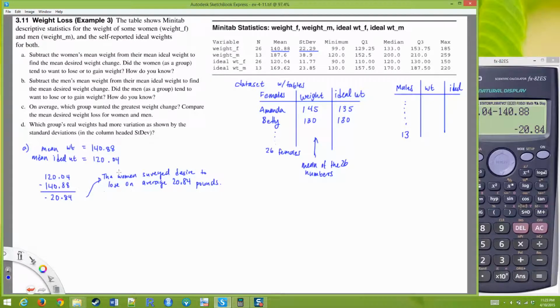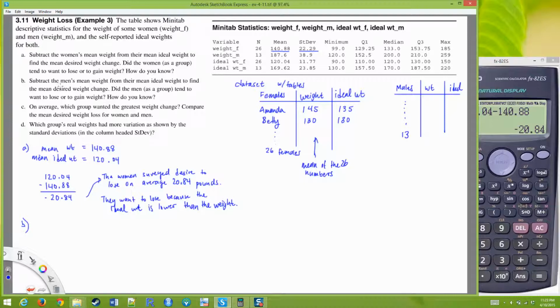We know they want to lose weight because their ideal weight is lower than their current weight. The average ideal weight is 120.04. That's lower than the average current weight, which is 140.88.